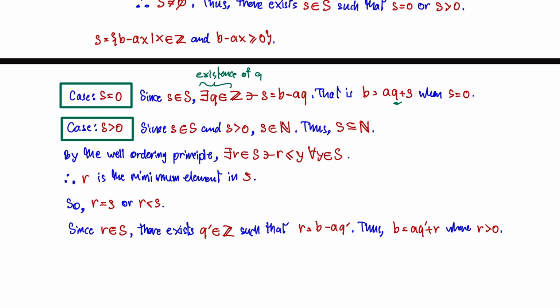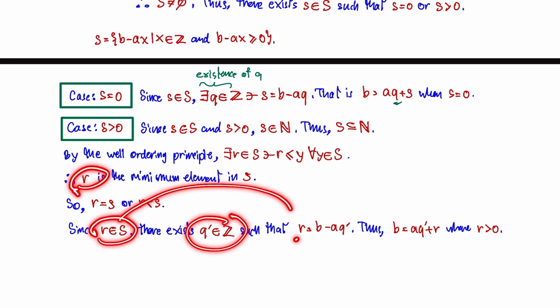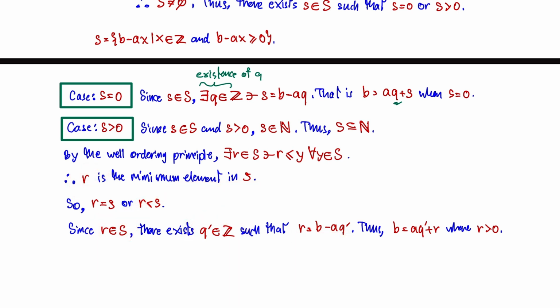So from both cases, when S is 0, we have both Q and S, but S is 0. For the second case, when S is greater than 0, we can have R first, and then we have Q, because R is in set S, such that R equals B minus A times Q prime, and we're going to have B equal to AQ prime plus R, which is the form we want.